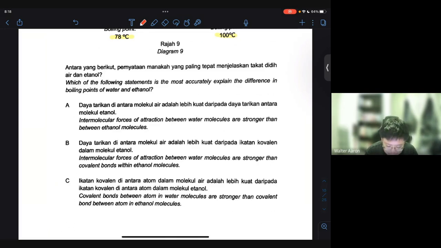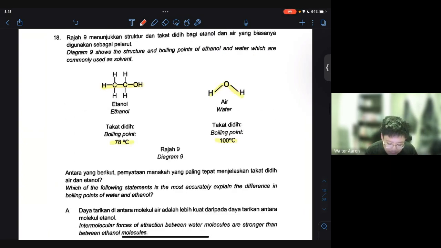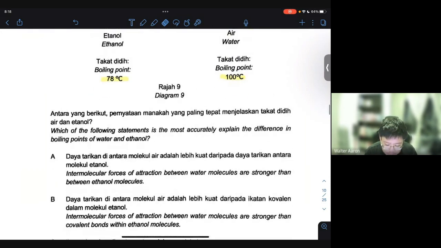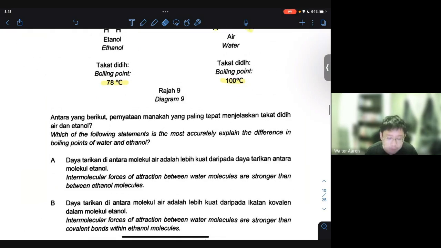We are explaining in terms of the bond between the hydrogen of the ethanol and also the water. But in this case, what happens is that water itself has a higher boiling point compared to ethanol, right? So we will, of course, say that the intermolecular force is stronger in the water compared to ethanol. If not, then why would there need to be an extra amount of heat energy to separate them, isn't it? So therefore, we'll say that A is the best answer in this case.